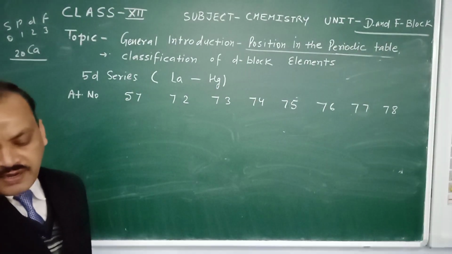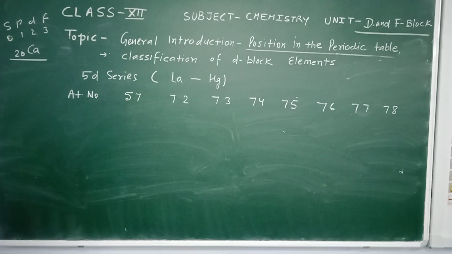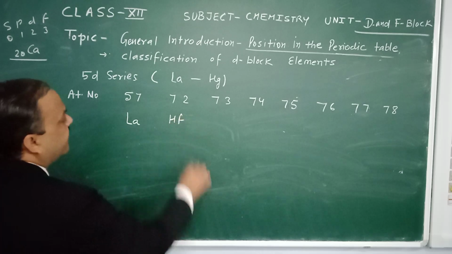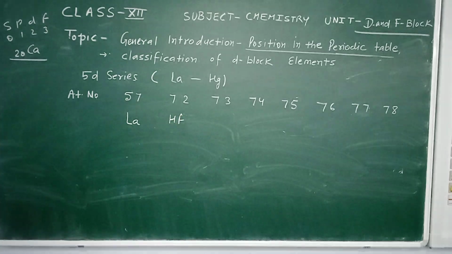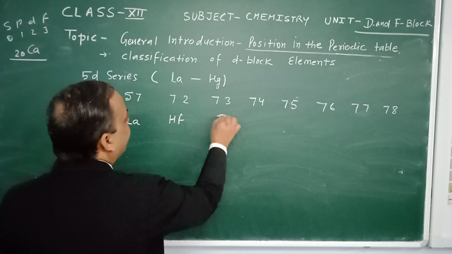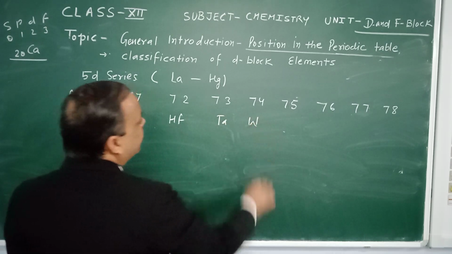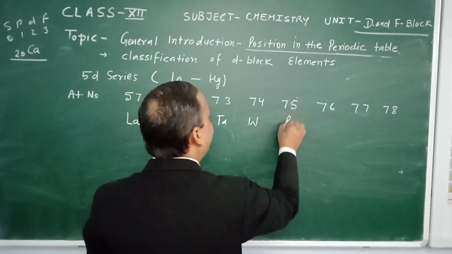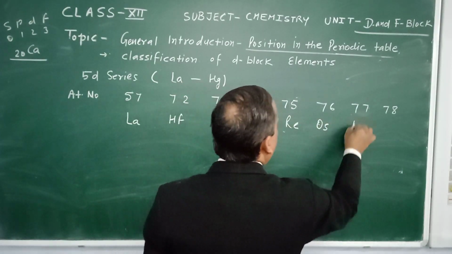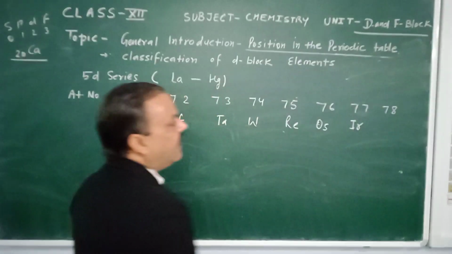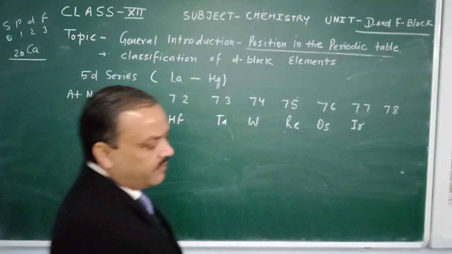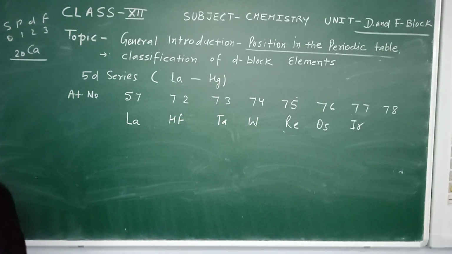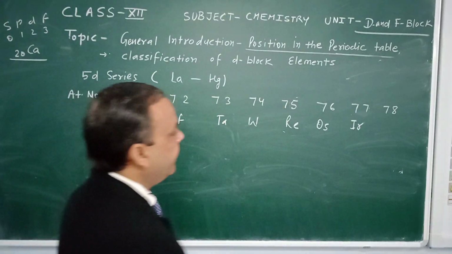The names of the elements are lanthanum 57, then 72 hafnium, tantalum, tungsten. Then next we have rhenium, osmium, iridium, and last platinum, aurum and mercury.